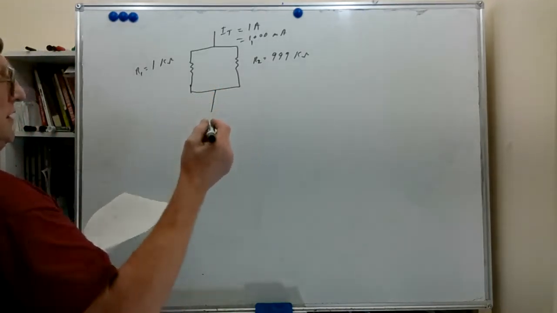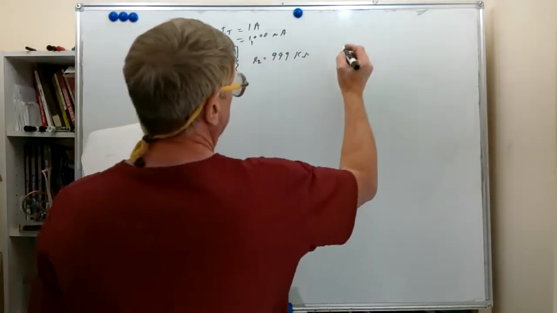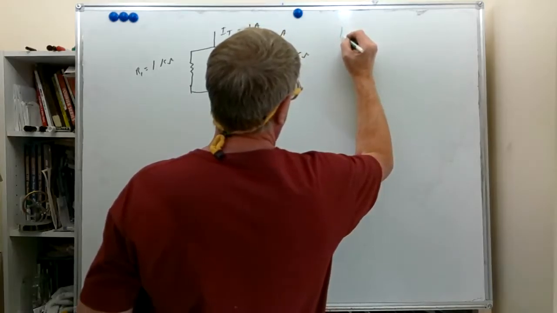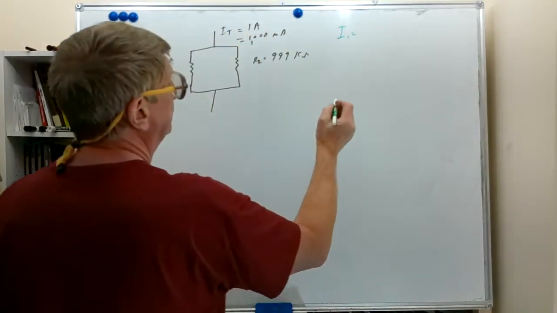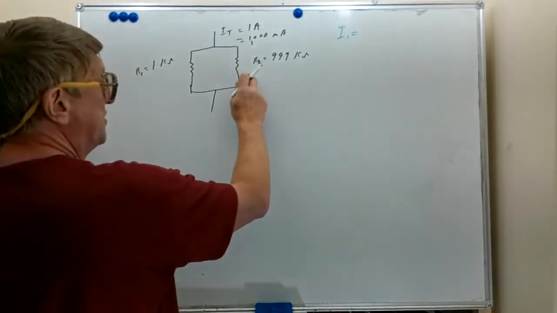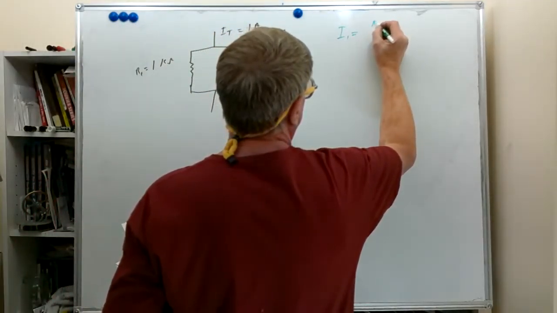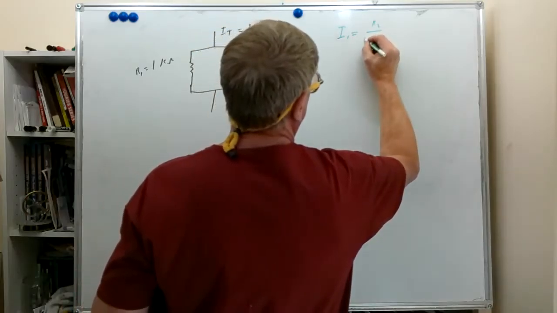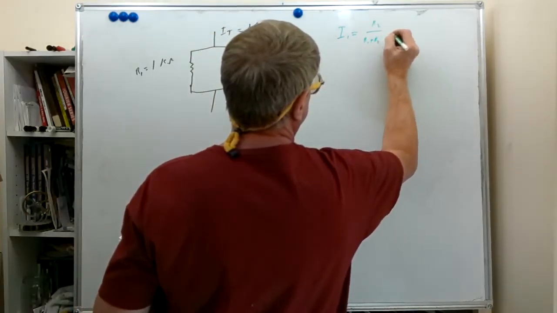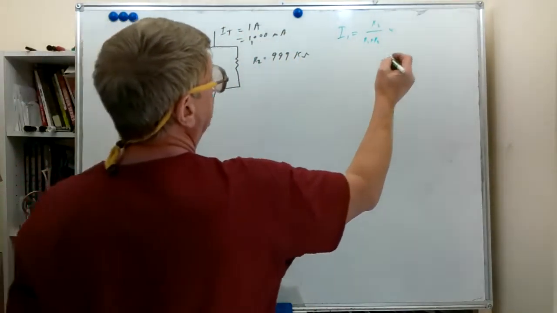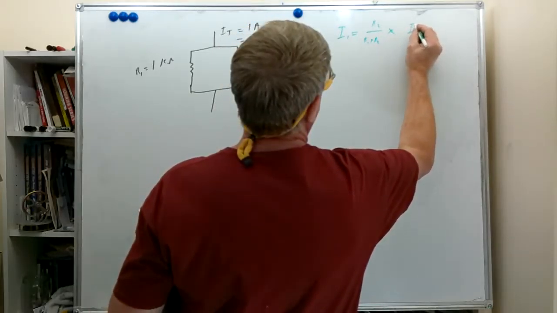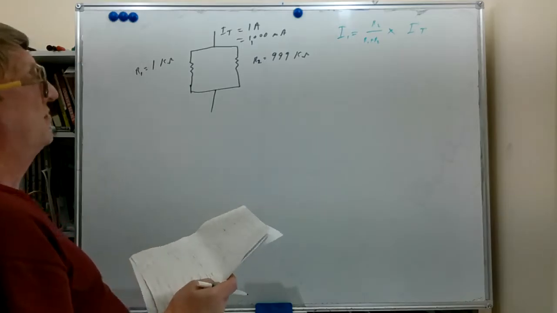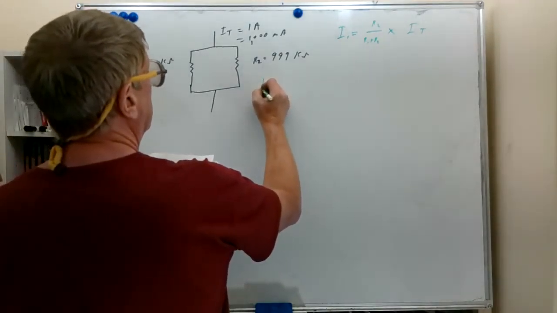We use the current divider formula, which I'm going to write up here again. I1 would be the other resistor, R2, over the sum of the two resistors, R1 plus R2, times IT. So we're going to put some values in there.